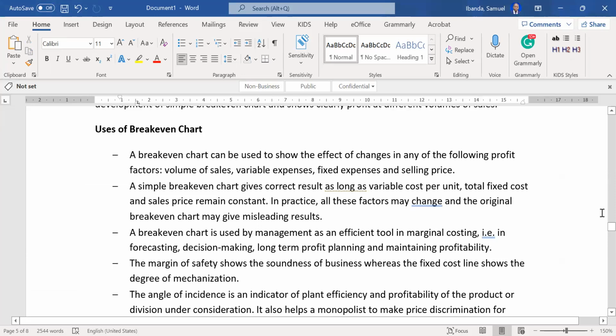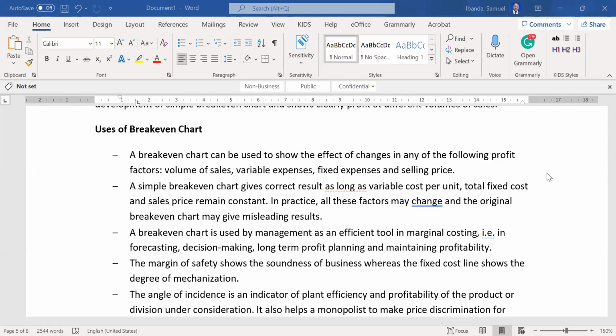Now, like we're saying, this is management decision and control. And whatever we study, we want to see how we use this in real life. So we have different areas of how we can use the break-even chart. The break-even chart is what I showed you, basically the curve, the whole graph.